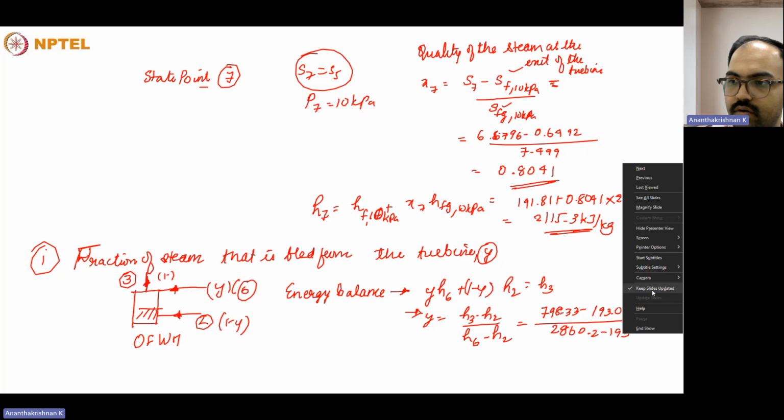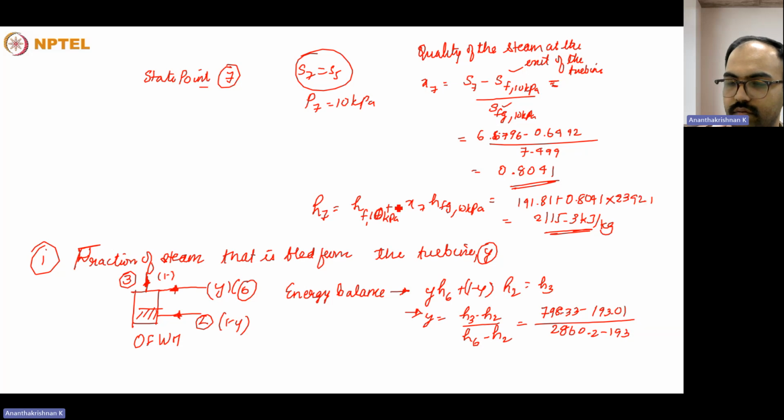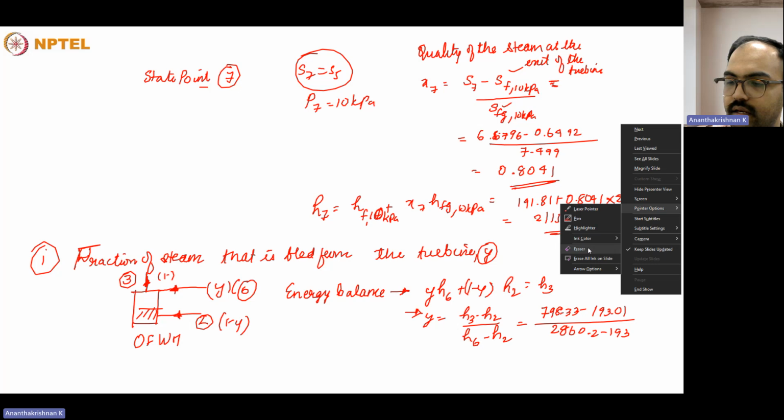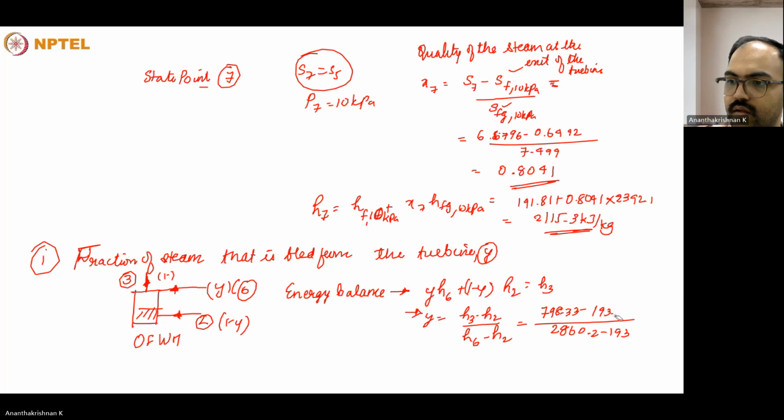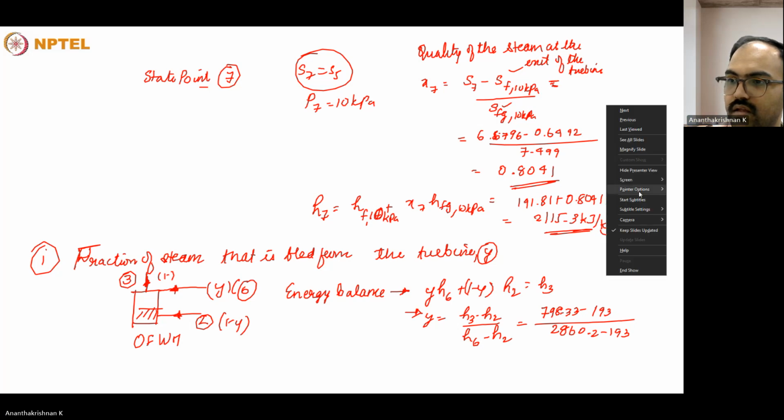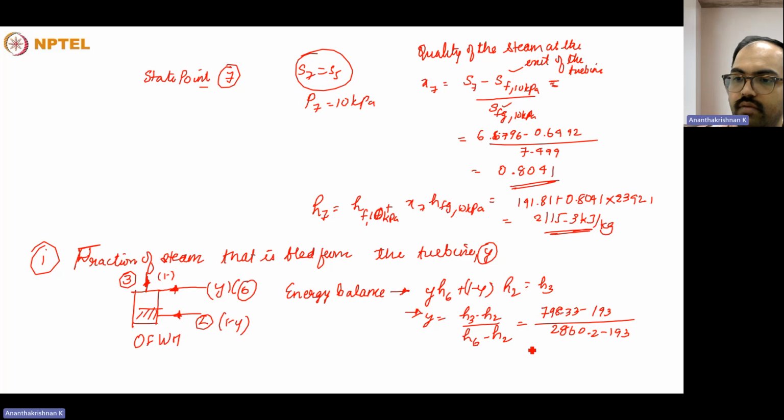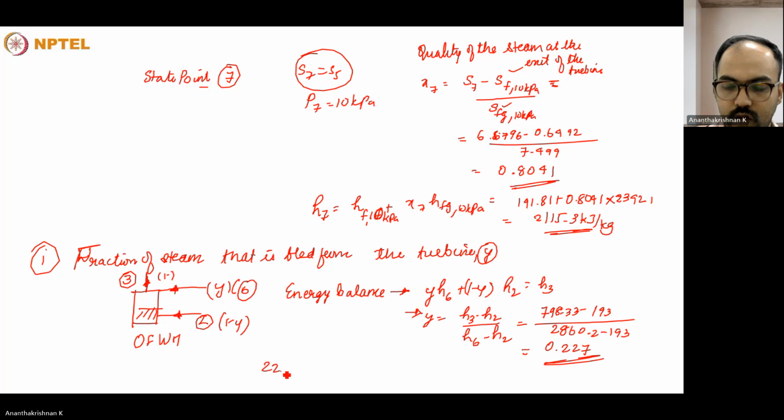So H6 we have already calculated from the previous case, that is 2860.2. And then we'll get the fraction Y will be equal to 0.227. So 22% of the steam that is entering the turbine will be bled to the feed water heater.